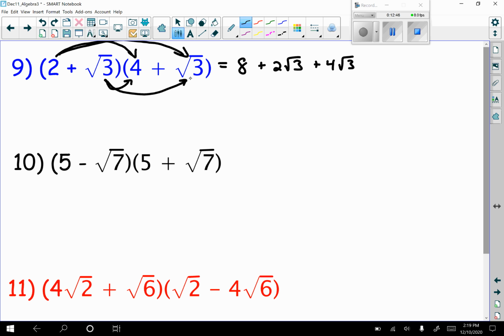So you could write that as radical 9, or just know what we looked at the very beginning. Radical 3 times radical 3 is just 3. So combining my like terms, I can add 8 plus 3, 11, and then I can add the radicals together, plus 6 radical 3. Knowing that now, guys, definitely go ahead and try number 10 on your own.